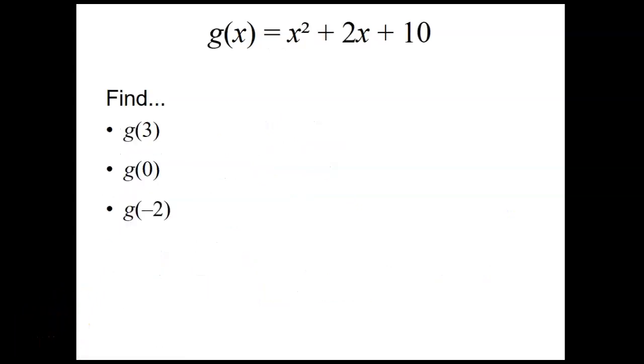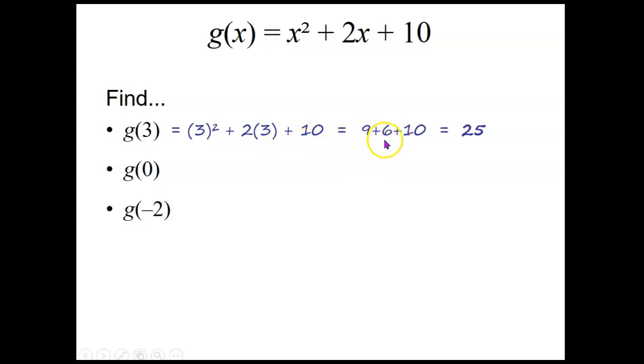How about another function? This one I'm using the identifying label g. So g takes whatever you give it for x and outputs x squared plus 2x plus 10. So to find g of 3, we've got to calculate 3 squared plus 2 times 3 plus 10. So 3 squared is 9, 2 times 3 is 6.